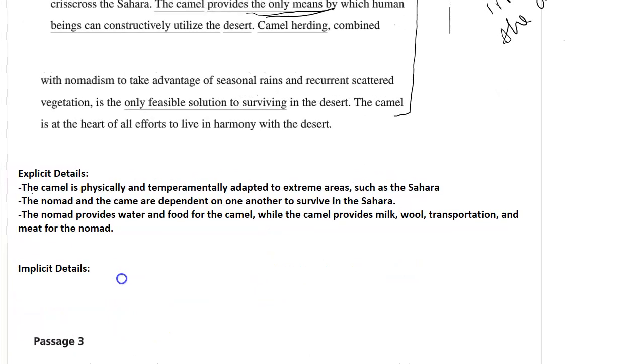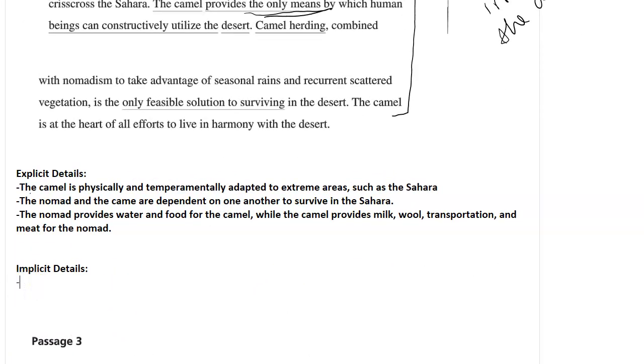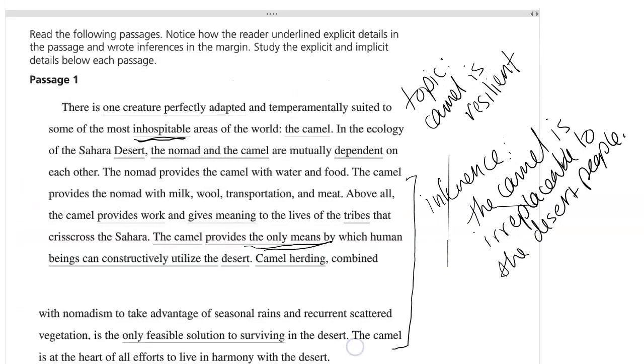So now we're going to think through some of the implied details based on those explicit ideas. So details that state that nomads and camels are, quote, mutually dependent on one another. And we can see that right here in the passage, that mutual dependence.